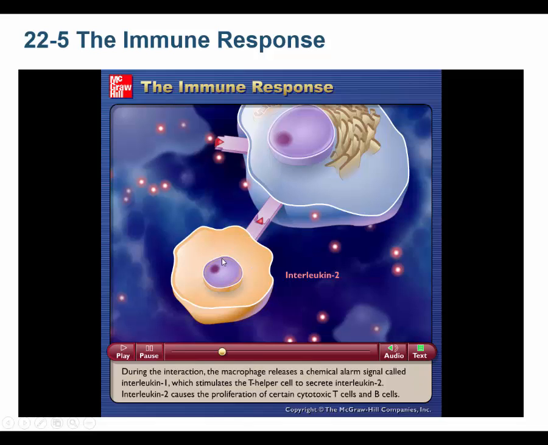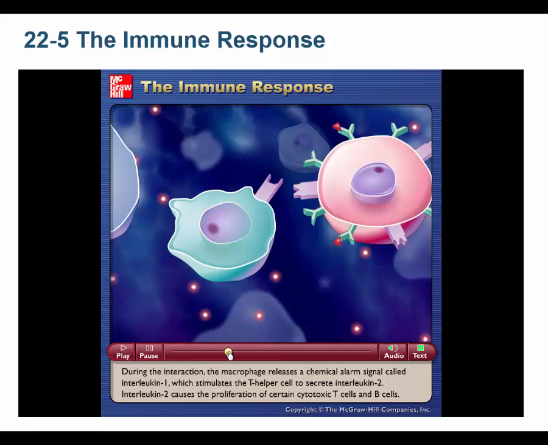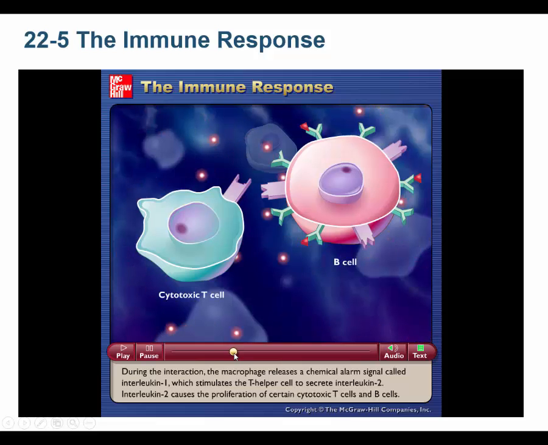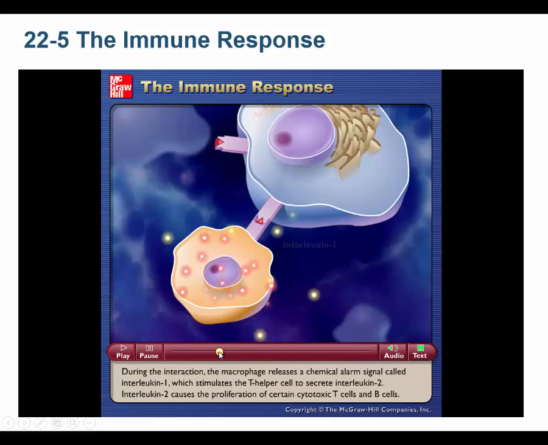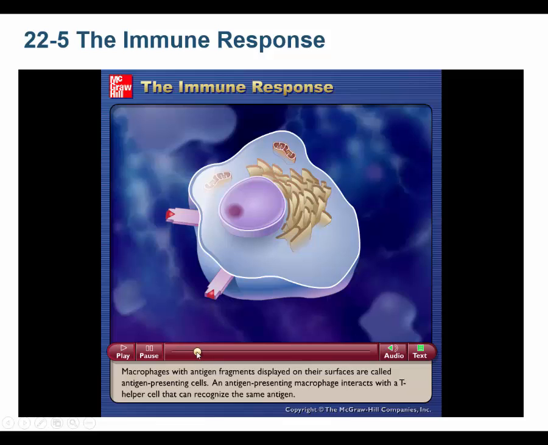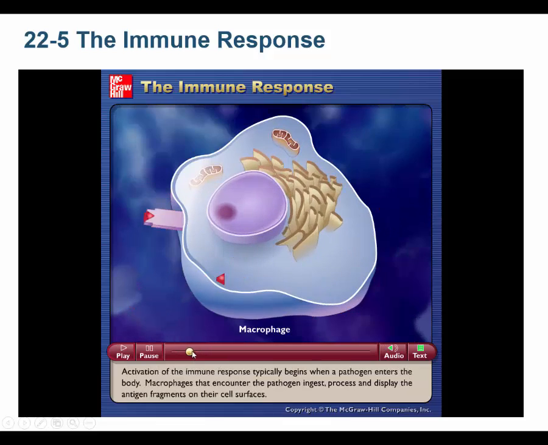So that T helper is going to initiate chemotaxis, that's calling other white blood cells to the area, and it's going to initiate some differentiation. And what happens is now you get a T killer.